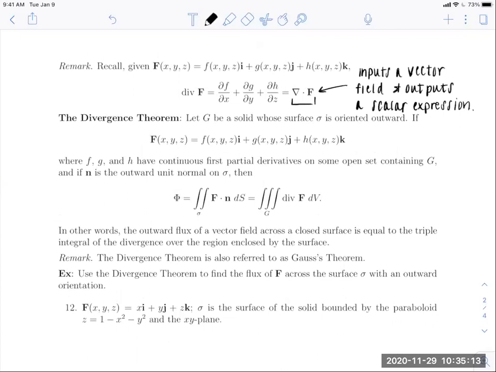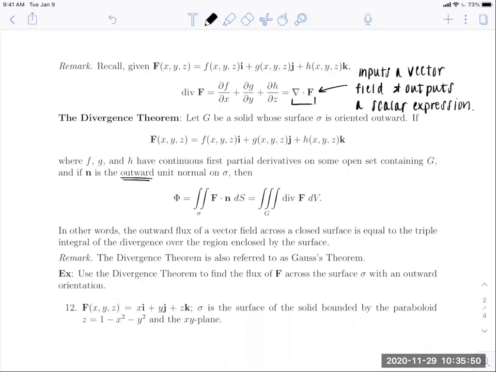All right, so now the main theorem of this section, the divergence theorem. Let G be a solid whose surface sigma is oriented outward. If F is a vector field where F, G, and H have continuous first partial derivatives on some open set containing your solid G, and if N is the outward unit normal on your surface sigma, then the flux, which is normally expressed as the surface integral of F dot N dS, can instead be expressed as the triple integral over the solid G of the divergence of F dV.